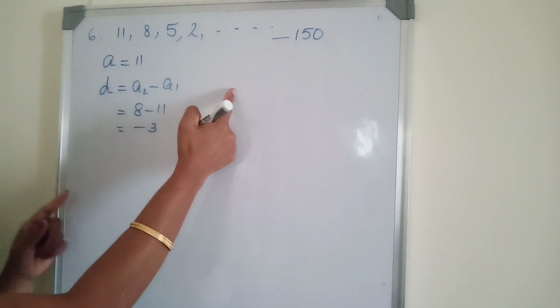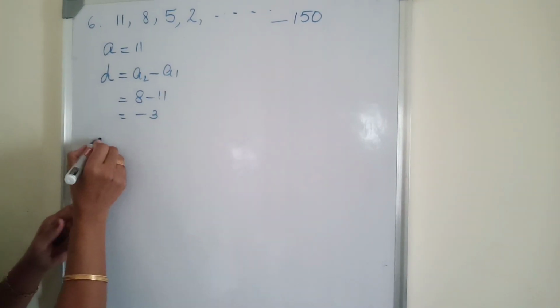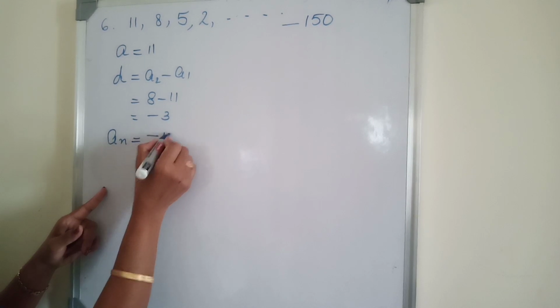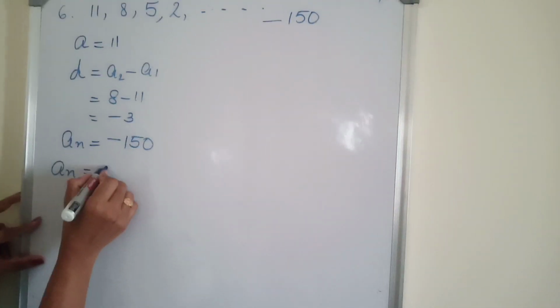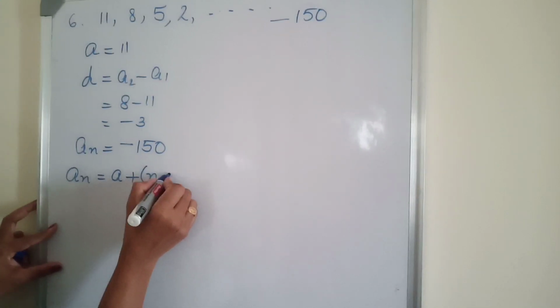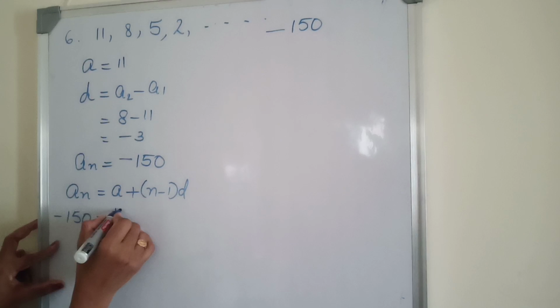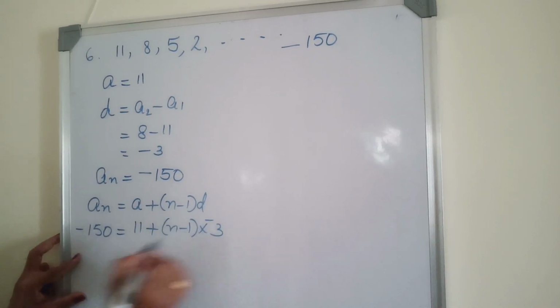Now, if we want to find out whether this number minus 150 is a term of the AP, we'll consider that term as an, minus 150. Same formula we will use. An is equal to A plus n minus 1 into D. Minus 150 equals 11 plus n minus 1 into minus 3.